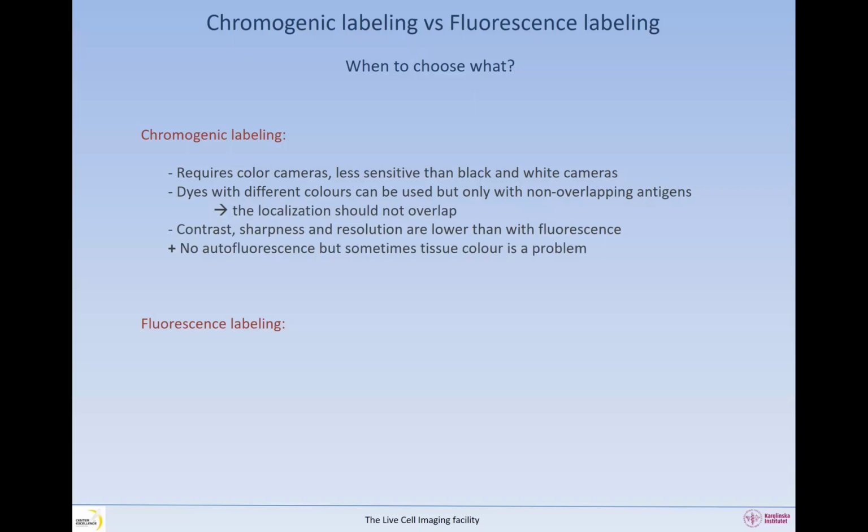The good thing is that if you are using chromogenic detection, then you won't have problems with autofluorescence, but maybe sometimes with some endogenous tissue coloration, but that you don't have problems with autofluorescence is definitely a plus.